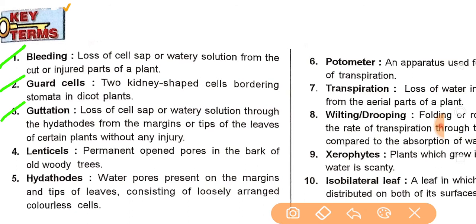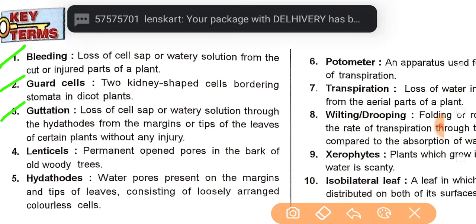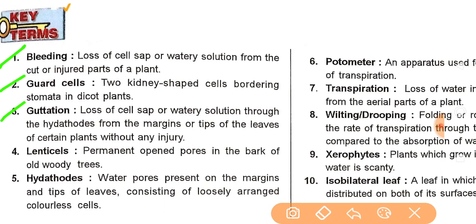Guttation: loss of cell sap or watery solution through the hydathodes from the margins or tips of the leaves of certain plants without any injury. Lenticels: permanent open pores in the bark of old woody trees.